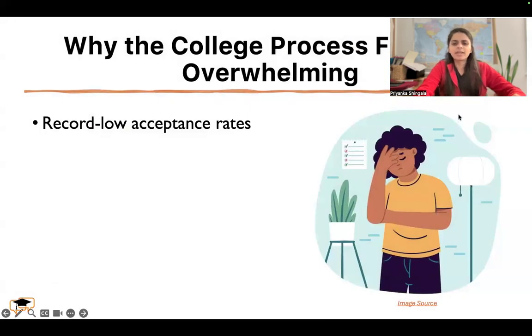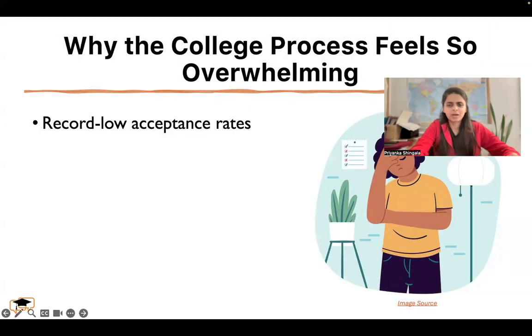So first of all, what makes this college applications process feel so overwhelming? The first one, record low acceptance rates. Competitive universities in particular are getting more and more applications. We're talking anywhere from 50,000 to 100,000 plus applications for about 3,000 to 5,000 seats.